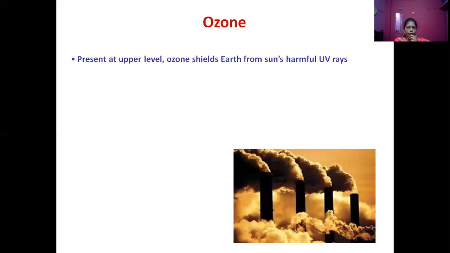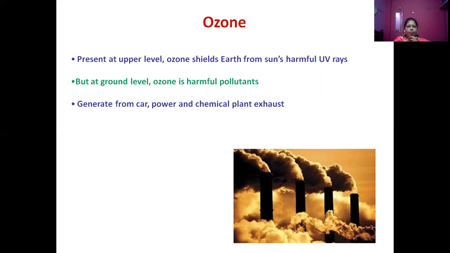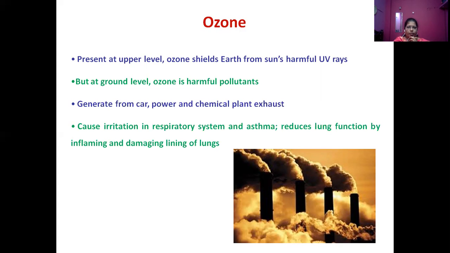Ozone at the upper level shields the earth from the sun's harmful UV rays, but at ground level, ozone is a harmful pollutant that can be generated from car, power or chemical plant exhaust, and can cause irritation in the respiratory system and asthma, and reduces lung function by inflaming and damaging the lining of the lungs.